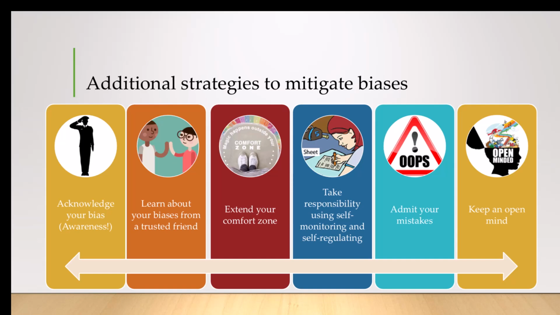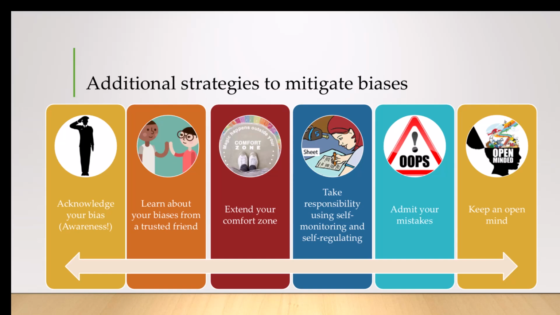You can go beyond your own comfort zone, engaging with people that you would not normally engage with. You might want to take responsibility of your biases by using self-monitoring or self-regulating. For example, creating a journal might help you to take responsibility of your biases.